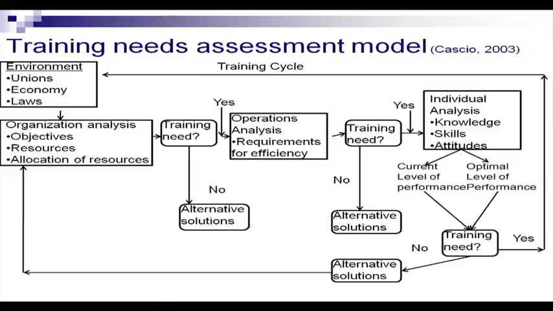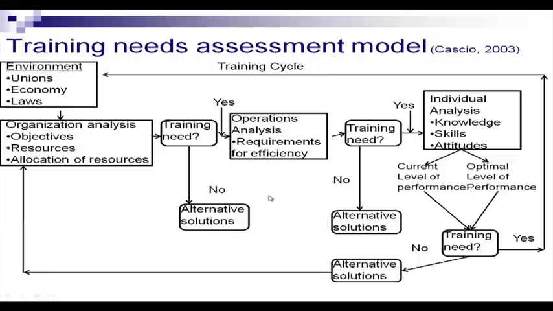one needs to analyze the operations or the working of the organization, and one specific operation is requirement for efficiency. If there is no training need, then one needs to find alternative solutions. So here, if you follow the cursor, if the training need exists, then you move on to the next step. If it doesn't exist, then you move down here.